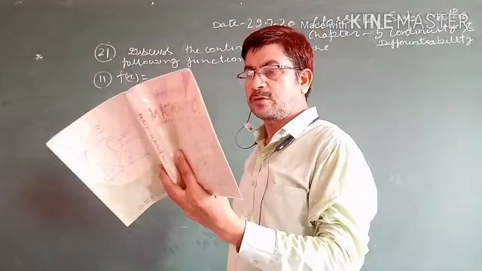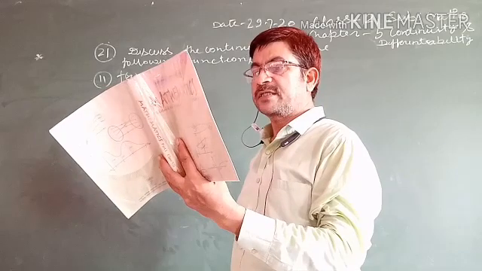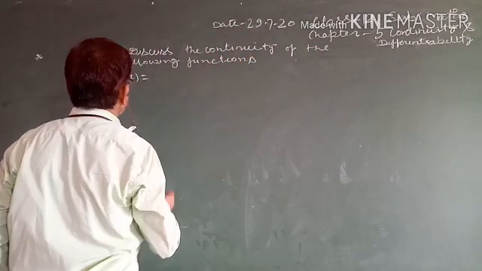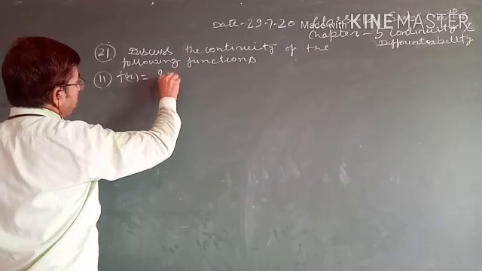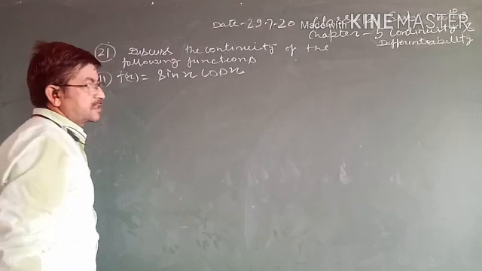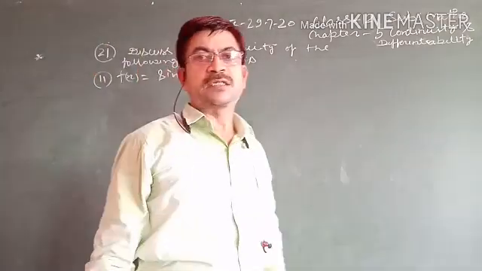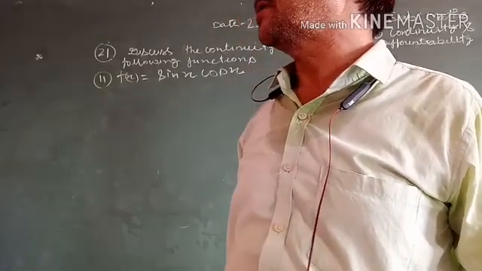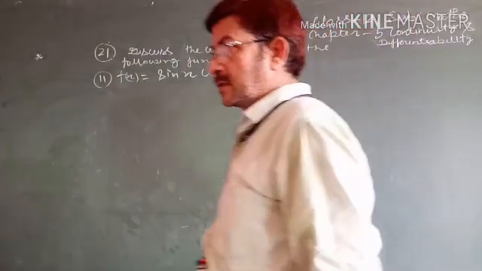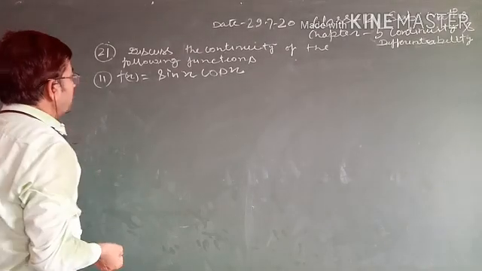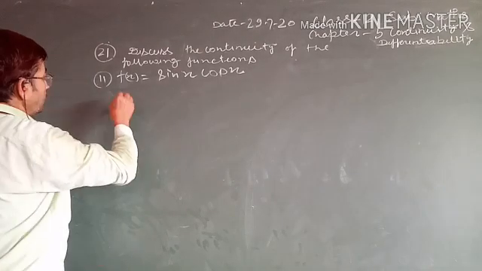Now I am going to verify its C part. f(x) equal to sin x cos x. Students, first I try to reduce it into one function. For this we multiply it by 2 and divide it by 2.